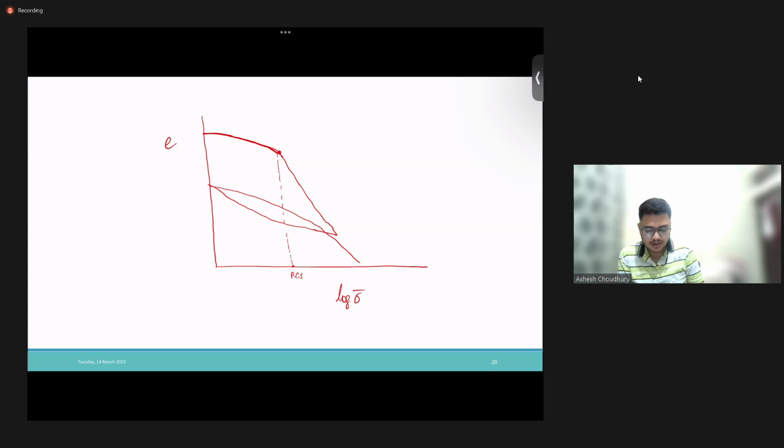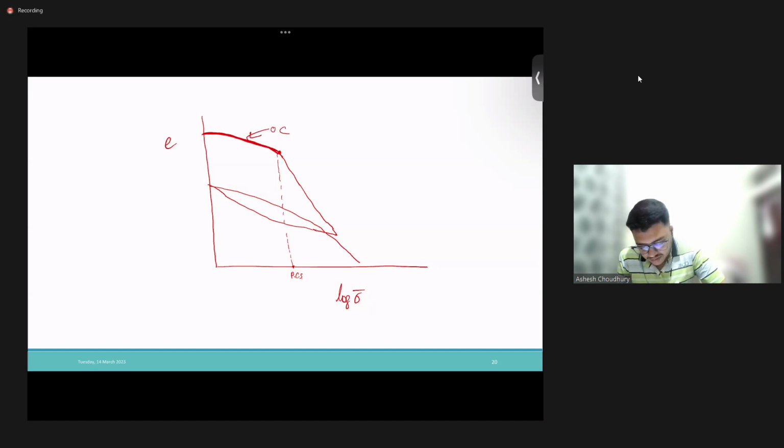Initially, in its life history, the soil had undergone a stress up to this point. Then that stress was removed. So the graph from here to here will be the same as the OC part.